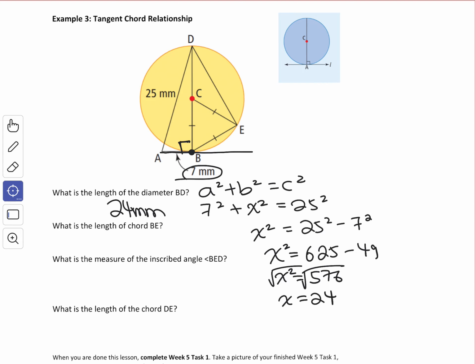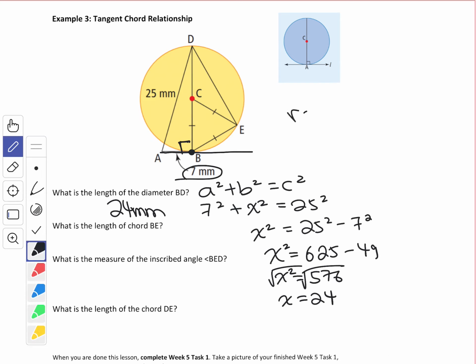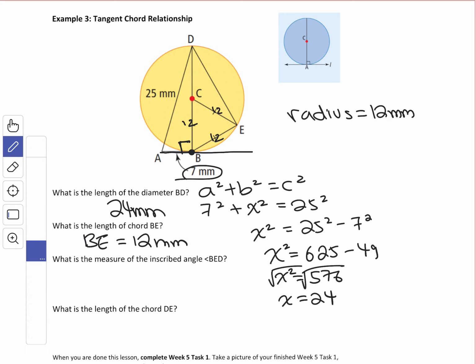We know that BC is the radius of the circle, and we just said that the diameter is 24. That means our radius is 12 millimeters. So this is 12, this is 12, and this is 12. So the length of chord BE is equal to 12 millimeters.